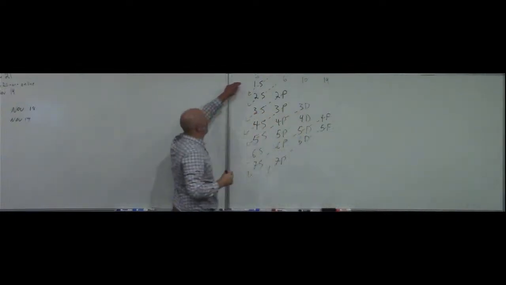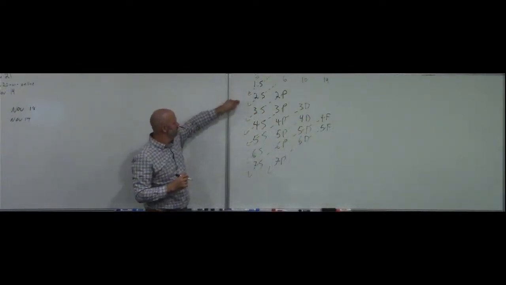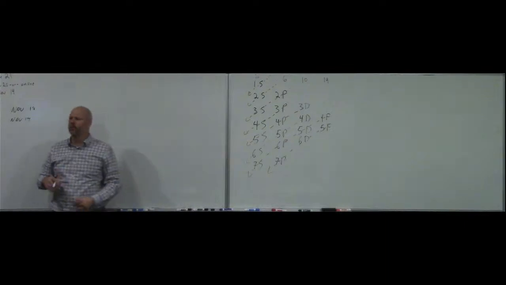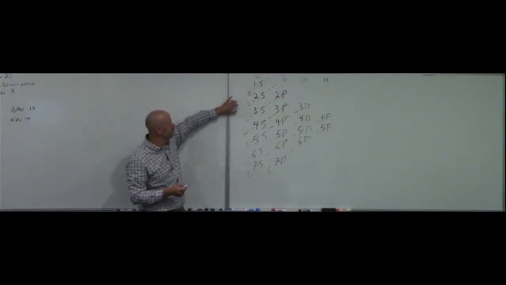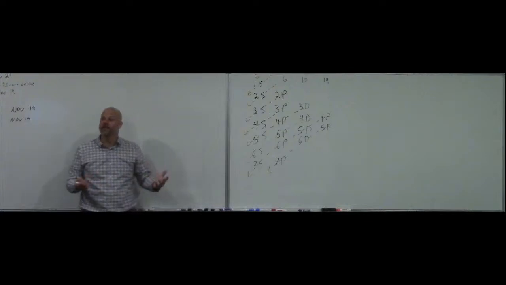This first number, 1, 2, 3, 4, 5, 6, 7. What quantum number is that? If I say 1 or 2 or 3 or 4 or 5, which of your quantum numbers is that?